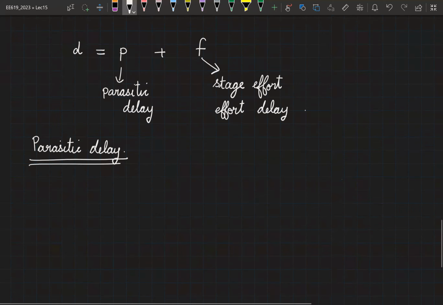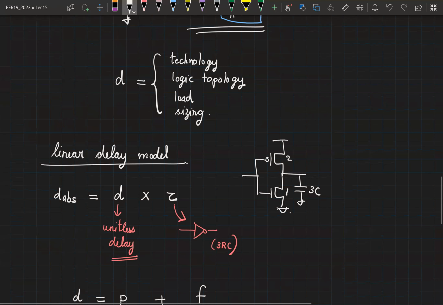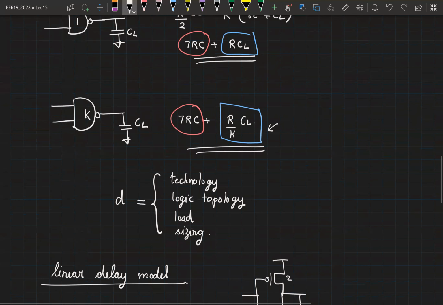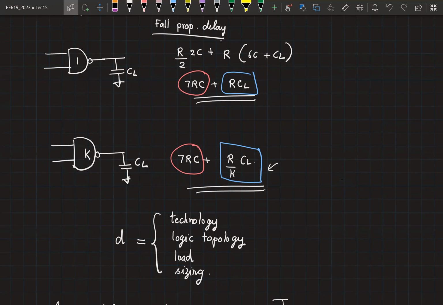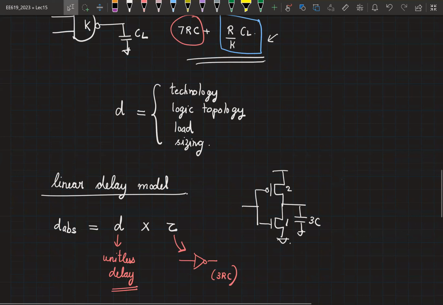Looking at it, what do you think is the parasitic delay for an AND 2? 7 RC, but now we have to make it unitless, in terms of the inverter delay. So it has to be 7 RC by 3 RC. But we are going to make a little approximation to make our lives easier.